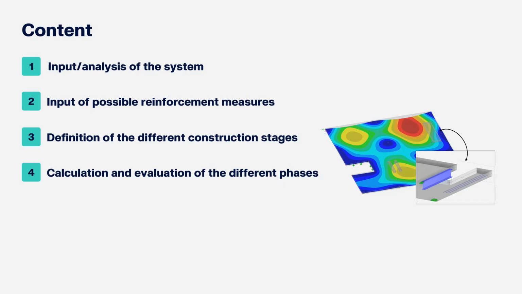The third part will be the creation of the different stages, the different construction stages. And as a last part, we want to talk about the calculation and the results of it. That's all for now with the theory. We can switch directly to the program.